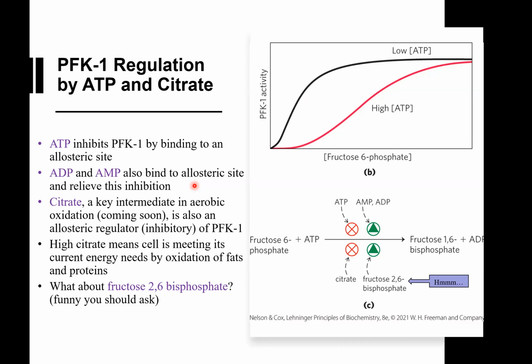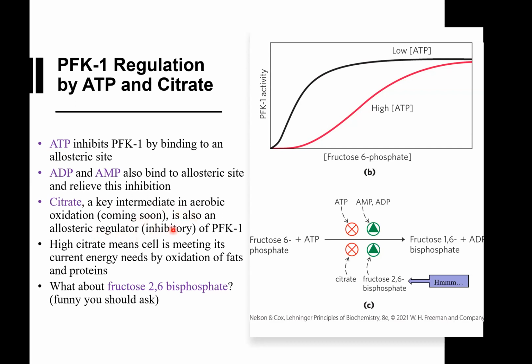So on the other hand, if we need to be generating ATP, high concentrations of ADP and AMP would indicate that we need to get going and start producing more ATP. So okay, so AMP and ADP, if you look at this down here, stimulatory, ATP inhibitory. But there's more. There is citrate, which we're going to be seeing in the citric acid cycle.